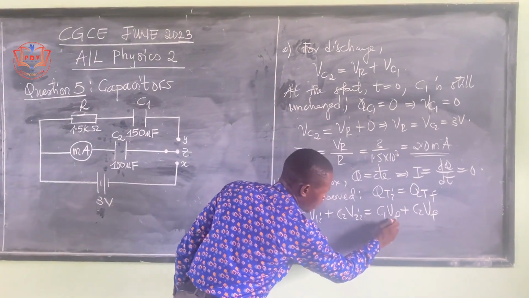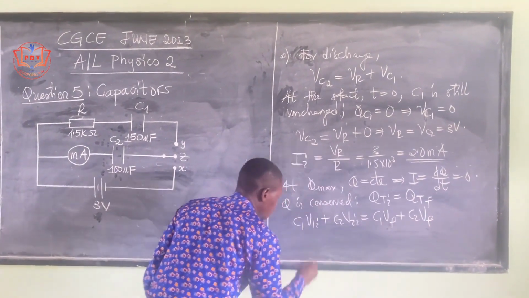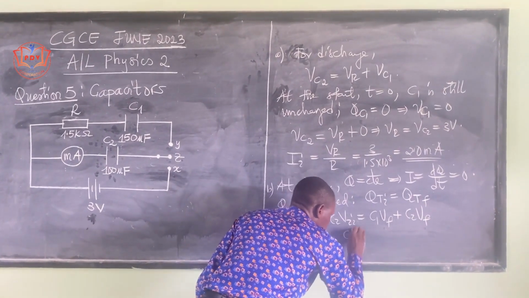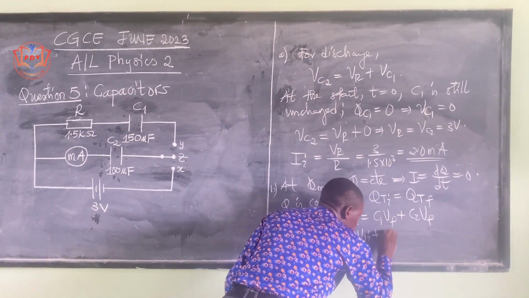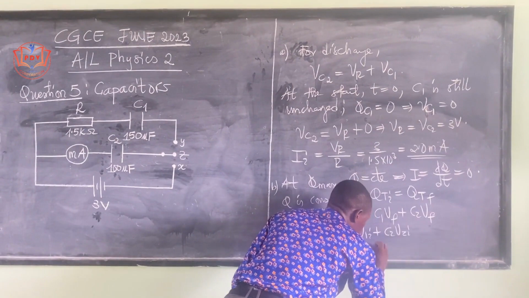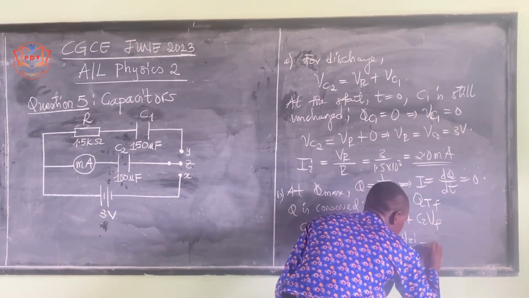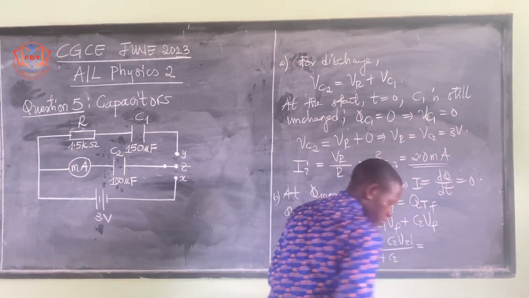So that's why here we have V final, V final. So from there we solve for V final. V final is C1 V1 initial plus C2 V2 initial divided by C1 plus C2.